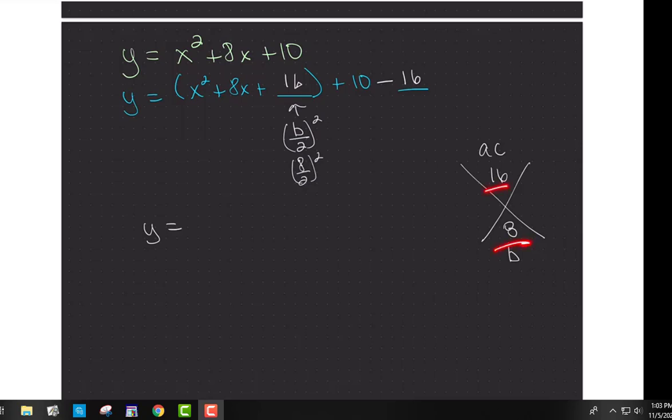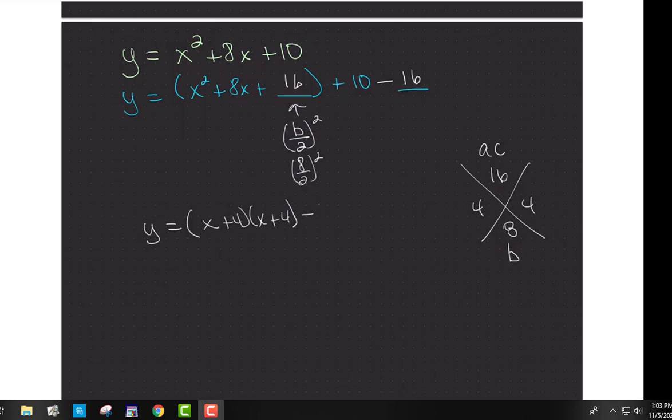And we can also sit there and go, wow, I know that I'm completing the square, so I know it's got to be a perfect square. So I don't even have to think about 8 and 2. I know it's automatically got to be the same number. So I'm going to go with a 4 and a 4, right? So my quadratic is going to give me x plus 4 times x plus 4.